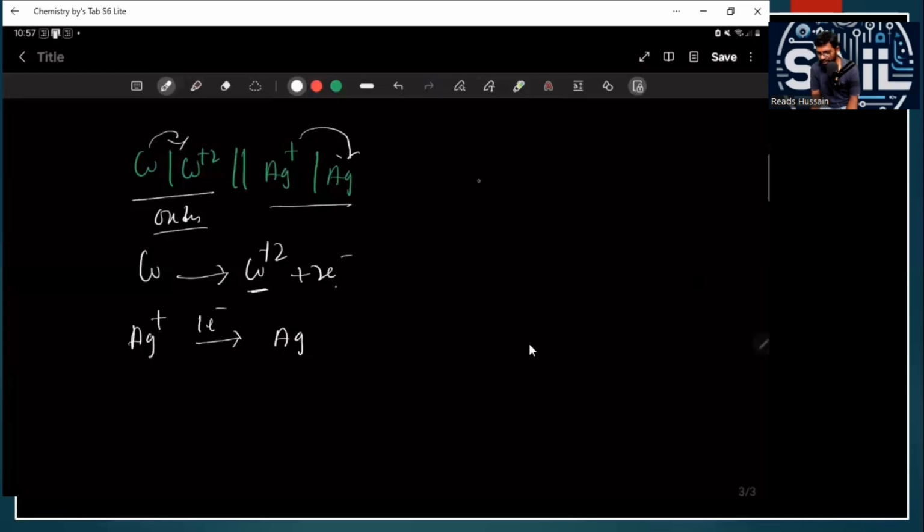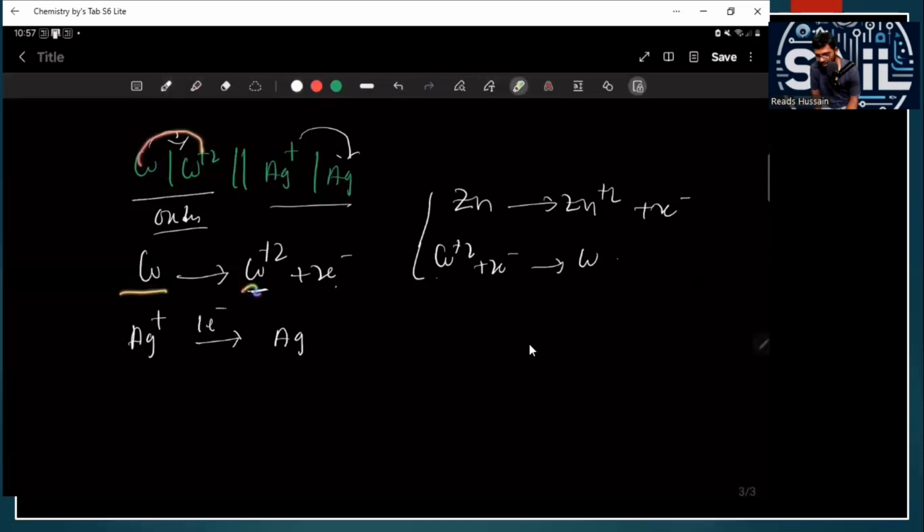This is similar to our previous question: Zn gives Zn plus 2 by losing 2 electrons, and Cu plus 2 gains 2 electrons and becomes Cu. Here the thing is different. Cu is converted to Cu plus 2 by losing 2 electrons. Ag plus is converted to Ag by gaining 1 electron.